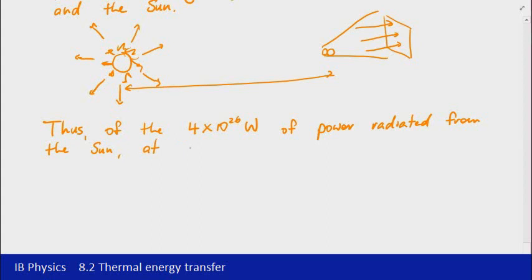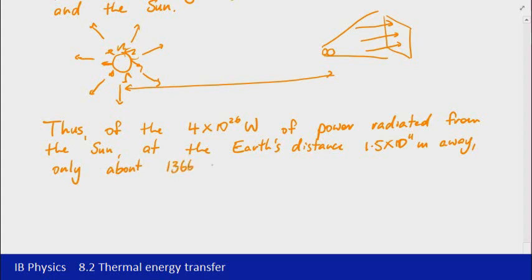So at the Earth's distance, and that distance that we're talking about here is 1.5 by 10 to the 11 meters, only about 1,366 watts per square meter is received by Earth's atmosphere.